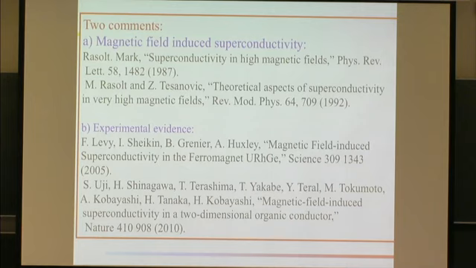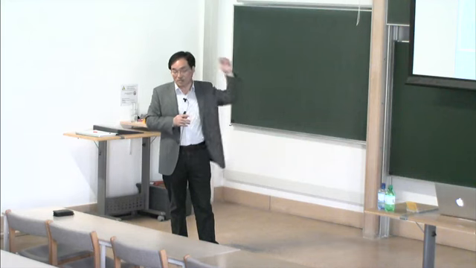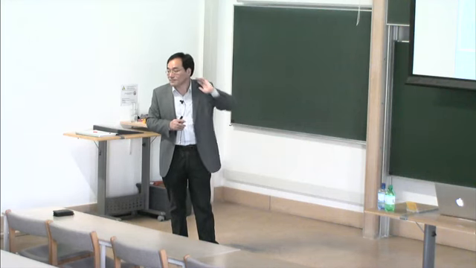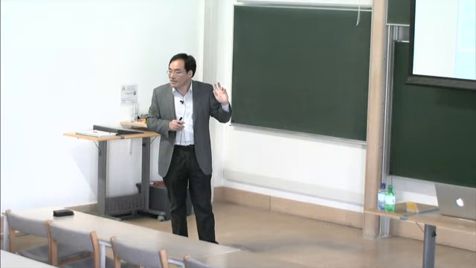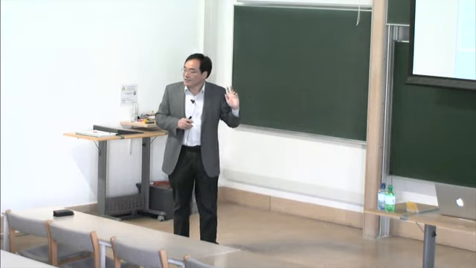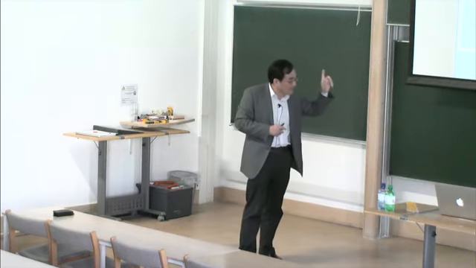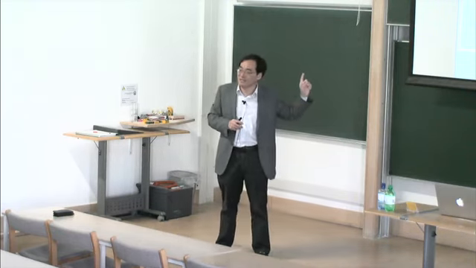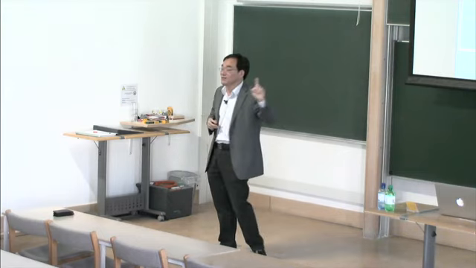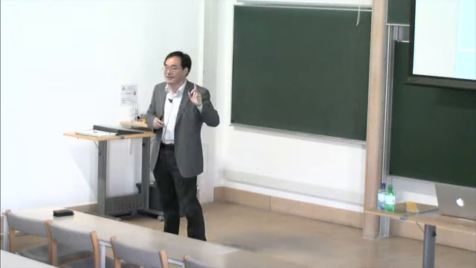There are probably more papers, we just mention two here. But how can you induce superconductivity just with a magnetic field? This happens only for the p-wave case. The s-wave case could not.